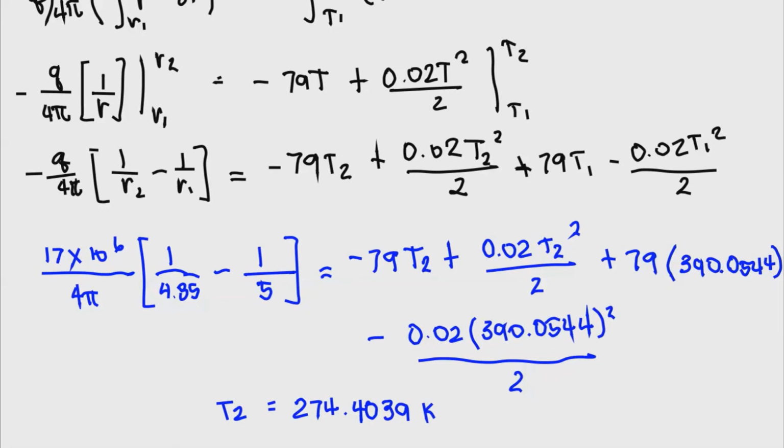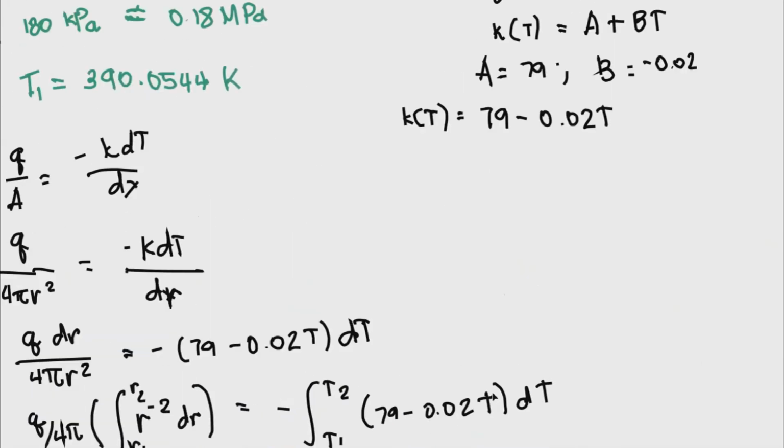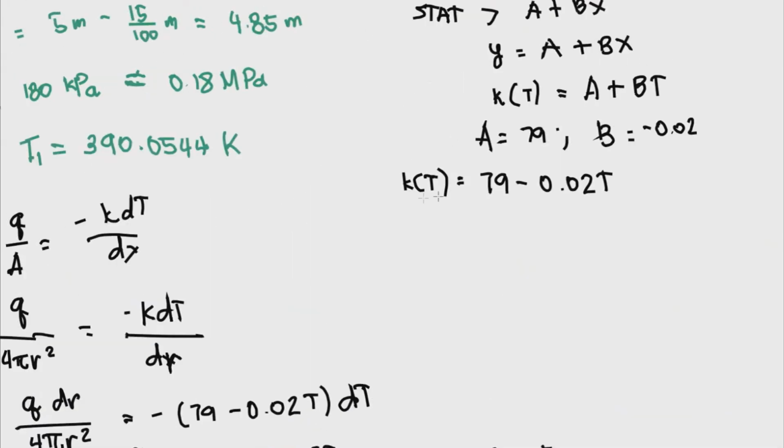So, we have already gotten the correct answer, and paano ba natin malalaman kung tama ba itong sagot natin, no? So, technically, it should be correct if your answer, if T2 is greater than 200 but less than 300.